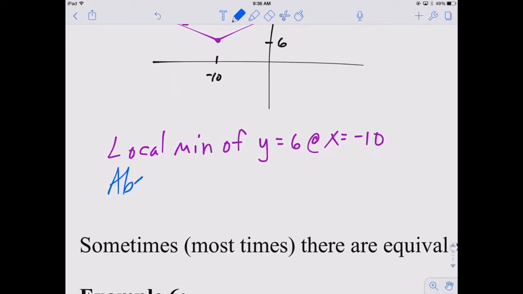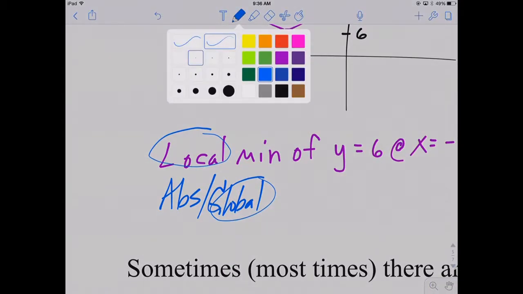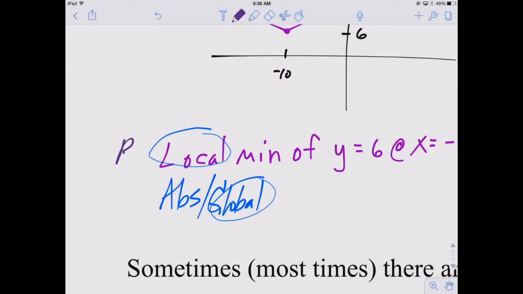Yeah, it's also the absolute or global, if you want to call it that. Usually we use local and global because that kind of has that geography sound to it. We can also call it a relative min instead of a local min, and then the words relative and absolute tend to go together. So if you call it a relative min, then you're going to call it an absolute min, and if you call it a local min, you're going to call it a global min. But it is the same. It's both the local and the global min.